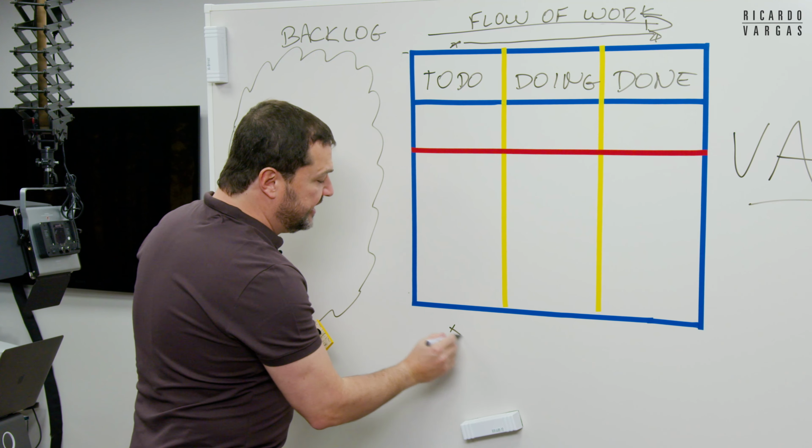Then we take from the pool of applicants, and we move them to our to-do, which means initial screening. Then after that, we do an assessment. After that, we do an interview. And then we have a hiring process, and we have two final columns. One hired and another one not hired.